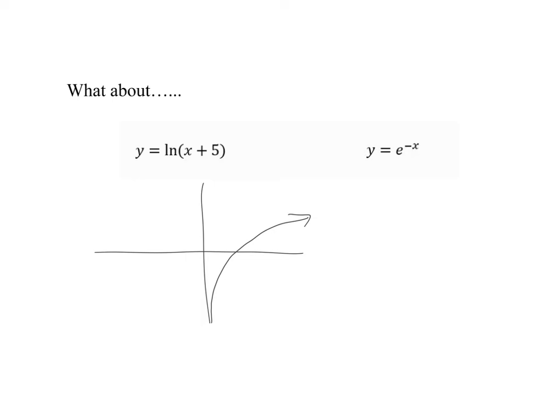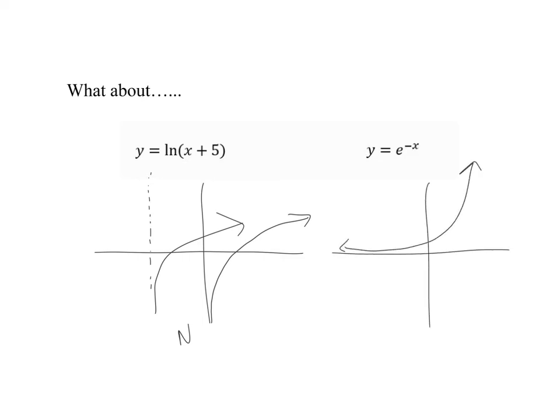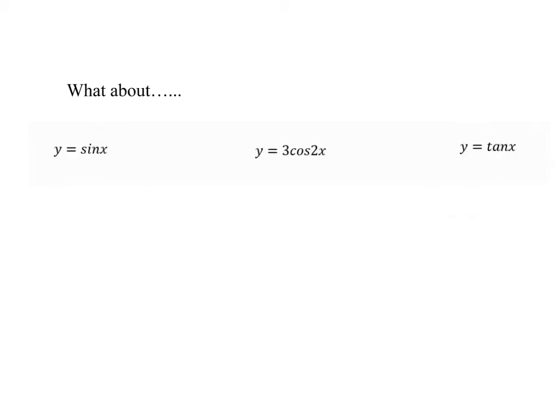In this case, we're going 5 to the left. That really doesn't matter because it's just going to shift it over left or right anyway, but it's still not going to be symmetrical. So definitely no symmetry for logs, and exponents pretty much the same thing, right? Our exponent graphs look something like that. There's no symmetry for those either. So logs and exponents, pretty simple, none.